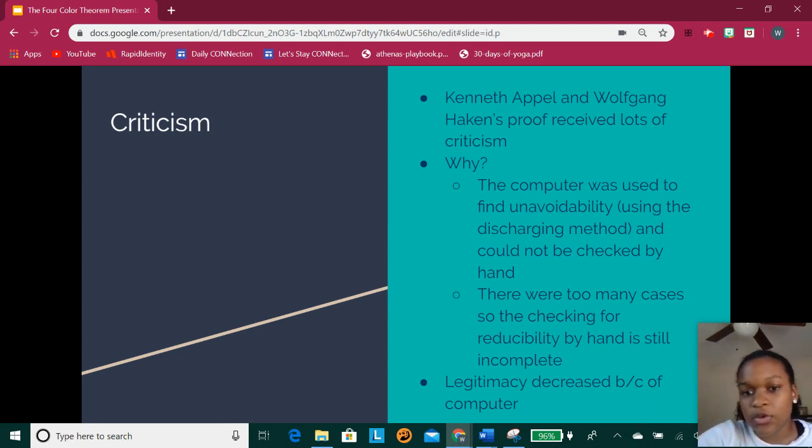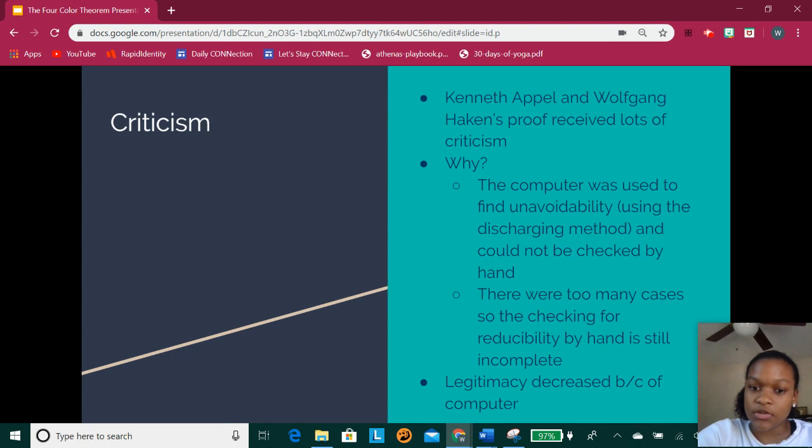When they used the discharging method, which contained a lot of rules, they used a computer to do so, and the people who were trying to verify that the proof was valid could not hand check this portion of their proof. Also, there were too many cases, so the checking for reducibility by hand was still incomplete to this day because the process of checking the proof was long and tedious.